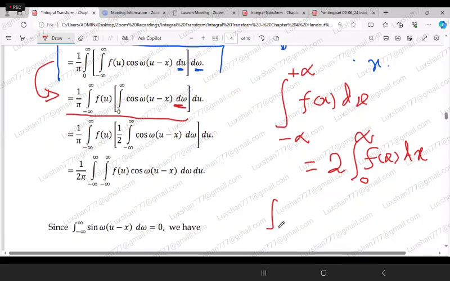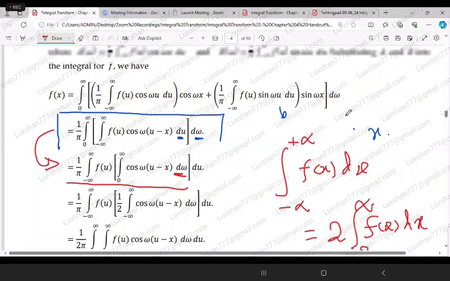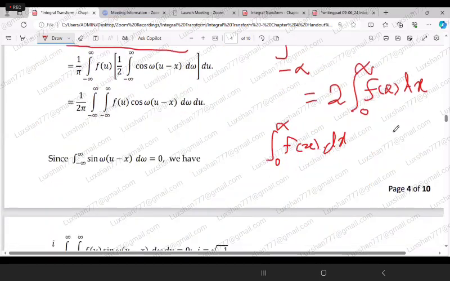If you have an integration like this, from 0 to infinity of f(x) dx, and if f(x) is an even function, you can write it as half times the integration from minus infinity to plus infinity.